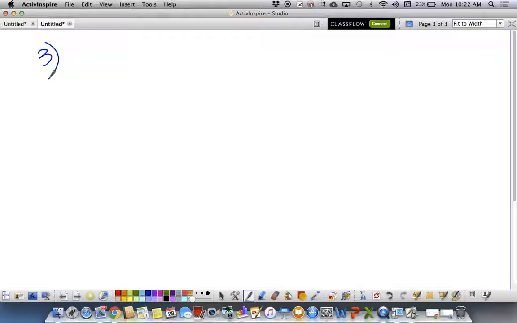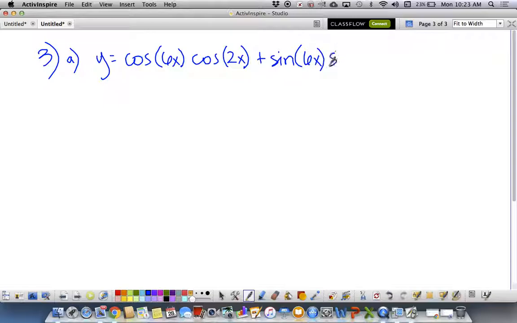Number 3 was y equals cosine 6x times cosine 2x plus sine 6x sine 2x. First off, does anybody see a connection with the cosines that we're putting in and the sines we're putting in?